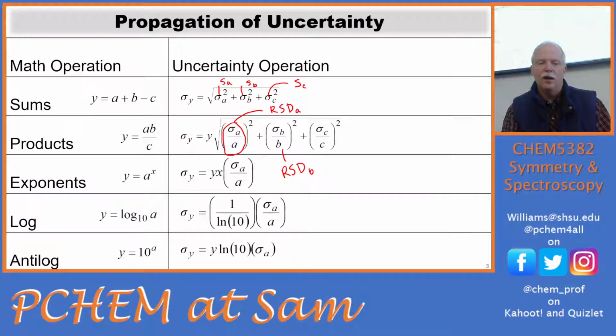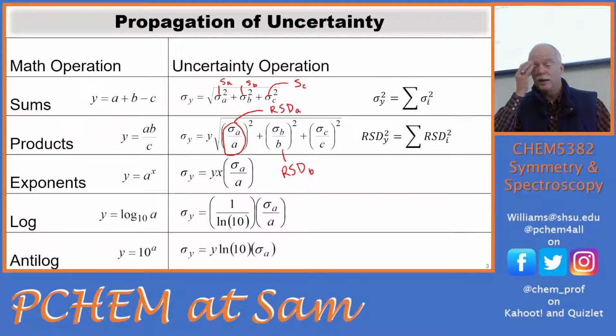Logs and antilogs are given just as an example. If you're working with pH or concentrations, then you can use the logs and antilogs. But mostly we're dealing with sums and ratios, products, exponents. So these are the ones that are easily memorized, right?